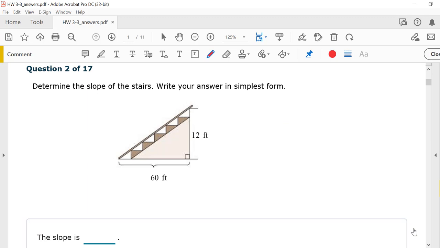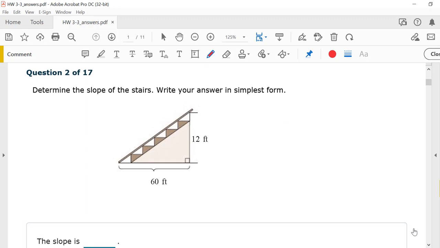Number 2 says find the slope of the stairs. Write the answer in simplest form. From this point to this point, I'm going to go up 12 and right 60. So my slope is going to be 12 over 60.